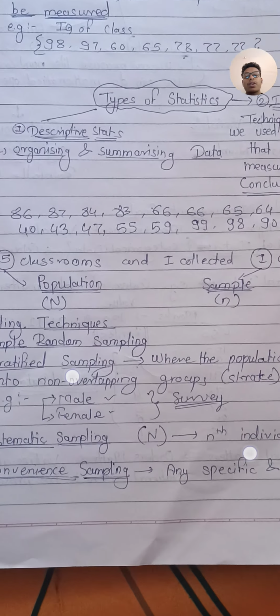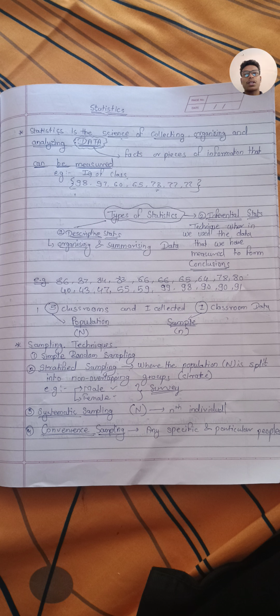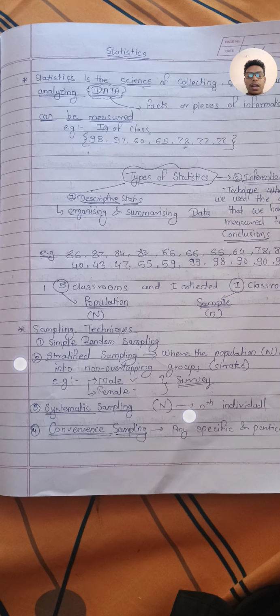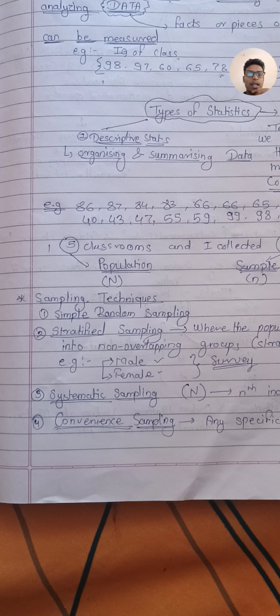Like in a population of 1 lakh people, you collect data only for females or males, or only for the age group below 20 or above 20. That is stratified sampling. That is the logic behind it. We will see what the Perplexity tool gives us about sampling techniques.